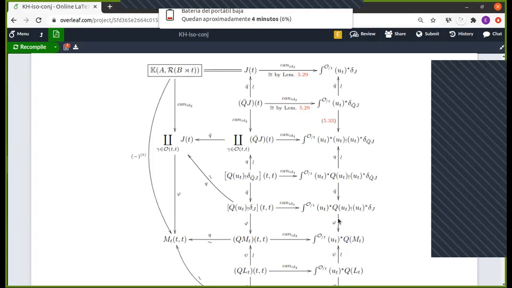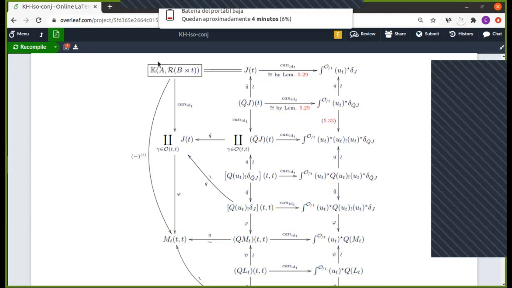So this Q bar and this Q are cofibrant replacements. Q is the natural transformation that comes with Q, and Q bar is the natural transformation that comes with this Q bar.